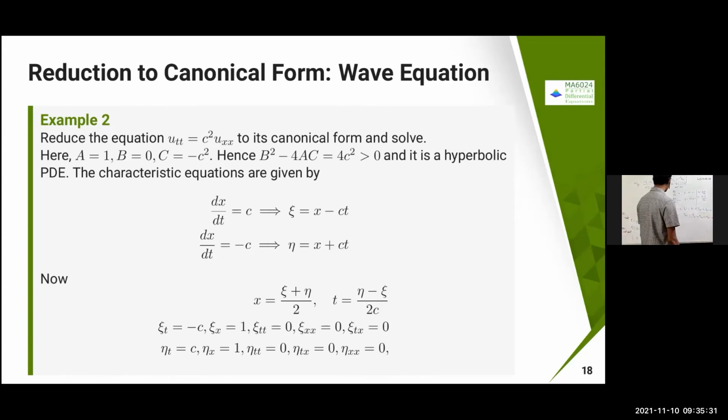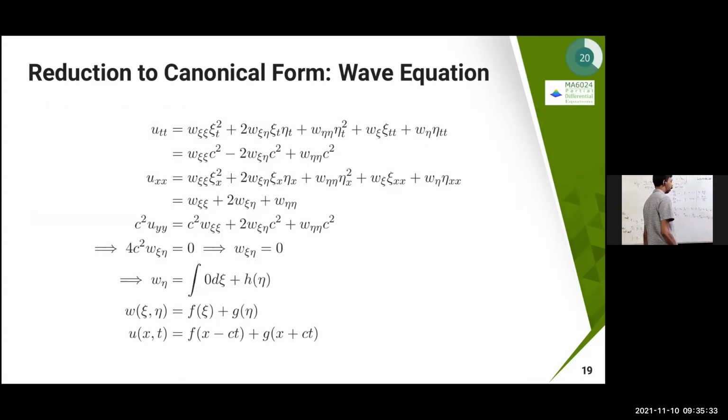So once again, you have to calculate the reduced canonical form. So utt, you are going to write that.